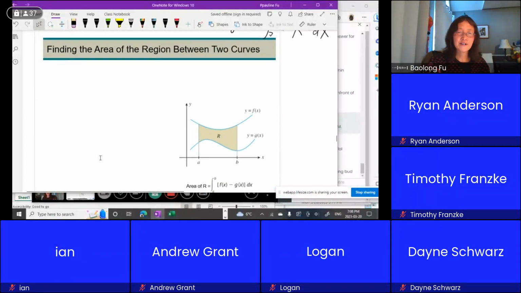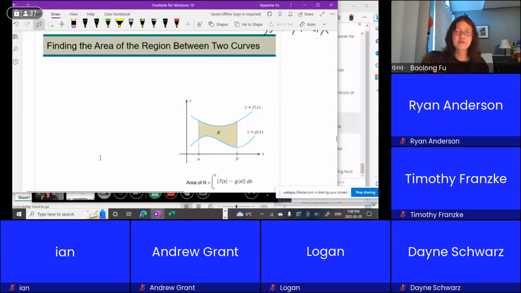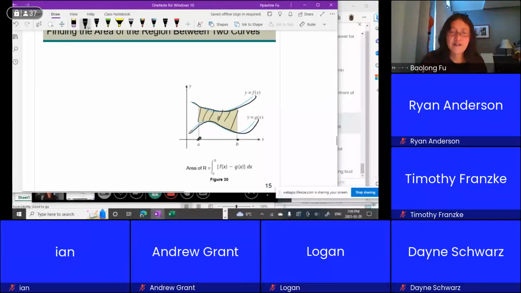Okay, next, find the area between two curves. If you have f(x) and g(x), how do you find the area from a to b? This is the formula: use f(x) minus g(x), integral over a and b.